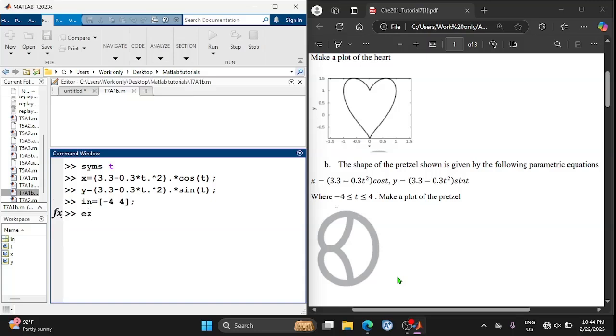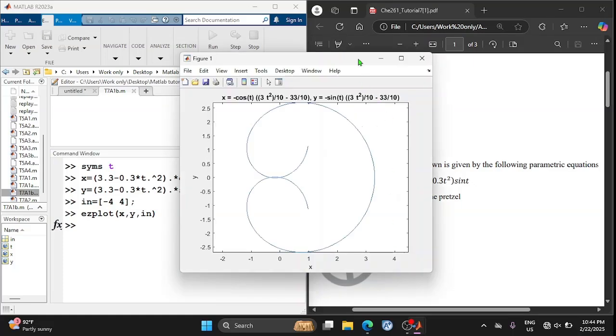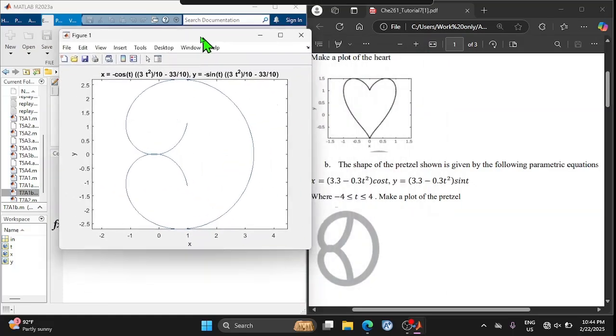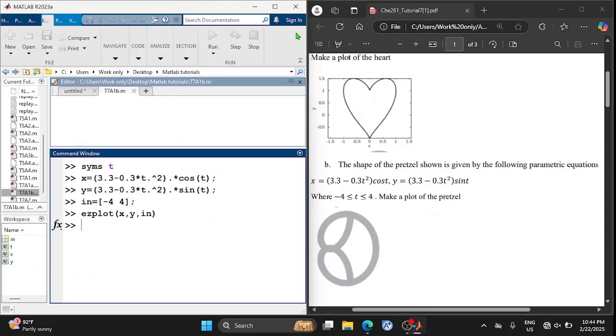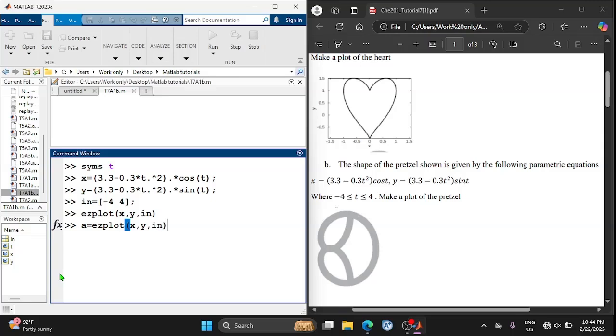Now if I want to plot it once again, I'll just do ezplot. I'm plotting x and y in that interval, so I will get this shape. But I realize that what we have from the question is a bit thicker than what we have from our graph. If we wanted to fix that, we could say a is equal to ezplot of x, y for that interval.